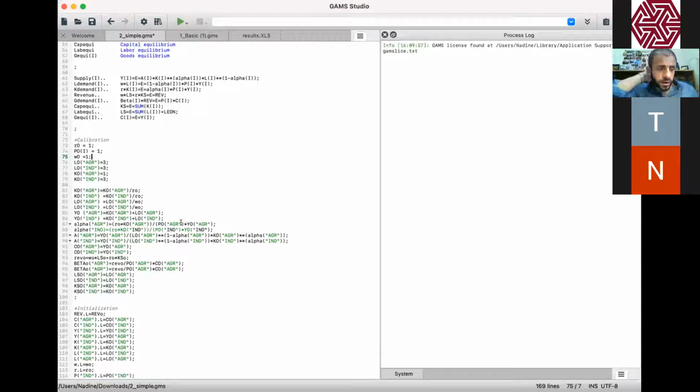So that's why in this case, it's better to have everything indexed over I.